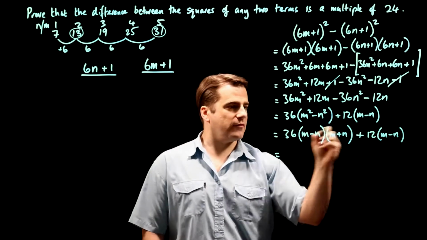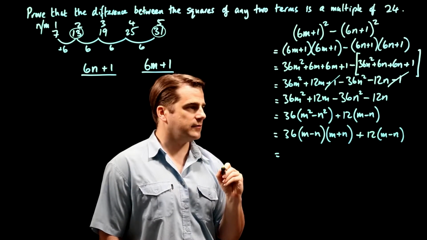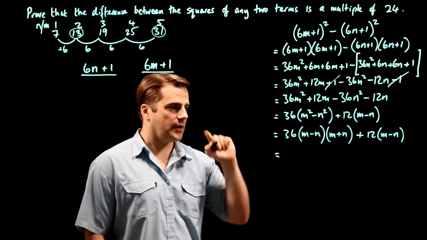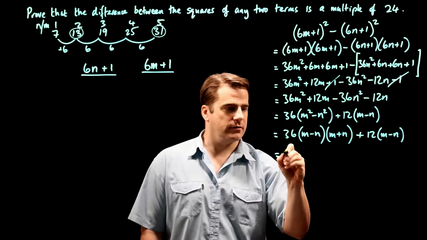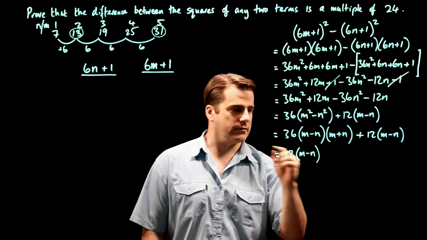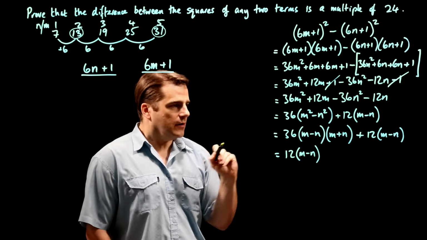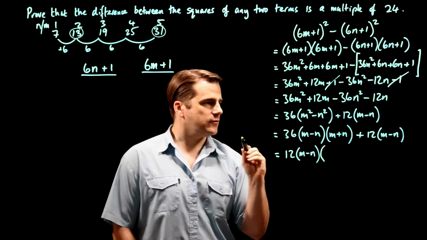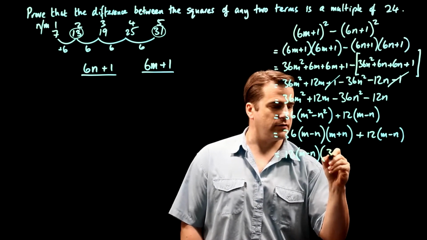Look at that. We've got a common factor now of m minus n. We've also got a common factor of 12. So let's pull out 12 m minus n. We're going to factorise, and that's our common factor, okay? So 12 m minus n goes into 36 m minus n 3 times.